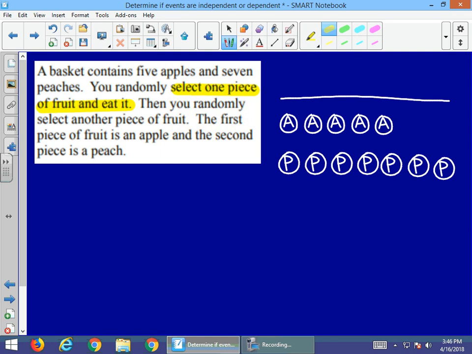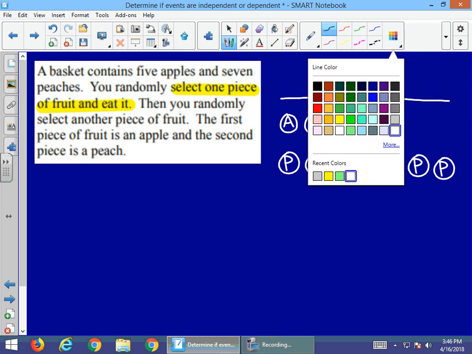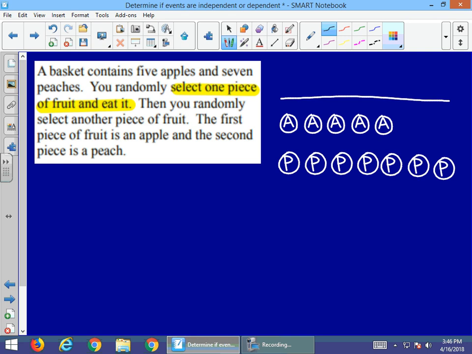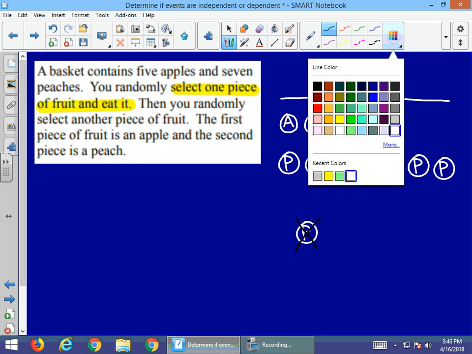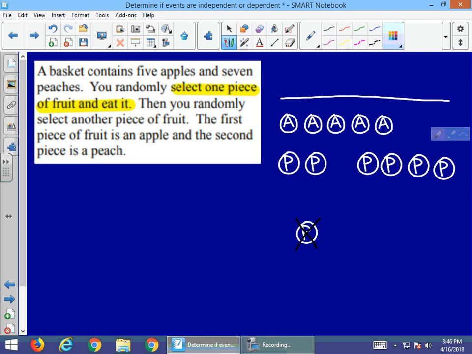So think about what that entails. So I'm going to select the fruit. If I select this peach, I'm going to eat it. So that peach is gone. So it is not going back in. This is without replacement.